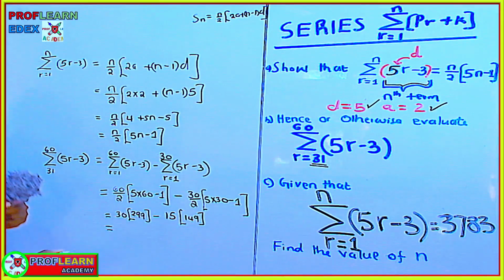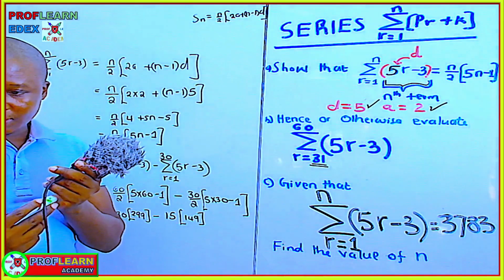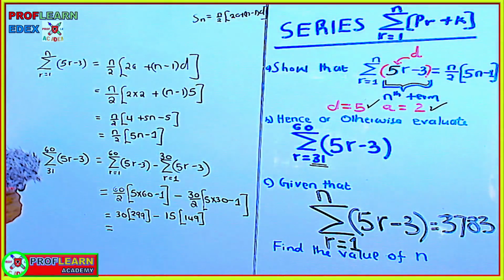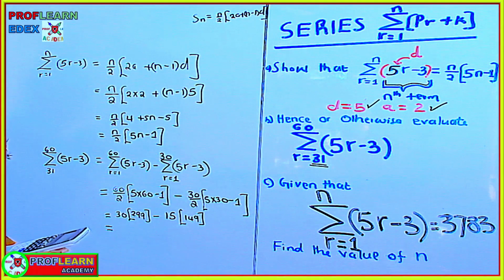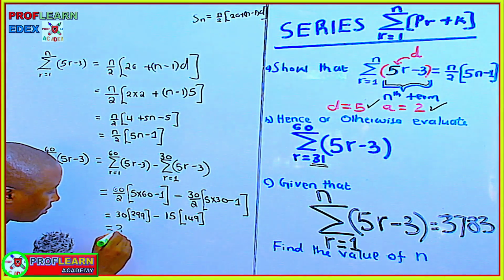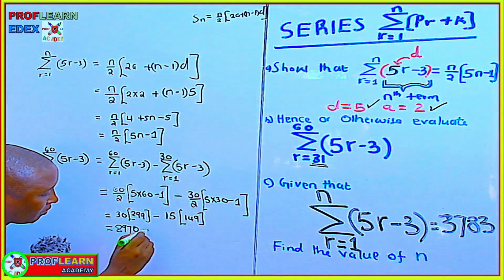So let's put it in our calculator. In the first place, 30 times 299 gives us 8970.